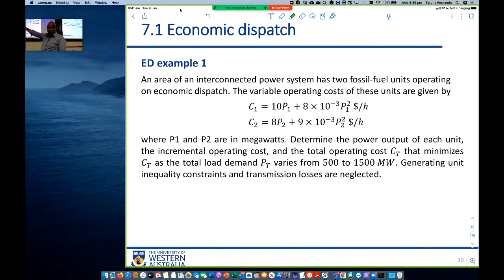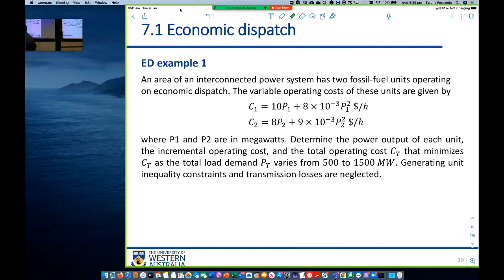If P1 is 5 megawatts, then C1 is a different cost, in dollars per hour. So if the power is higher, the cost is higher. C2 is the same, depending on the power it generates, where P1 and P2 are in megawatts.